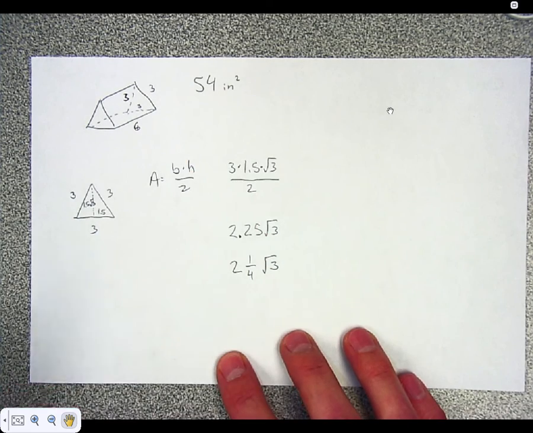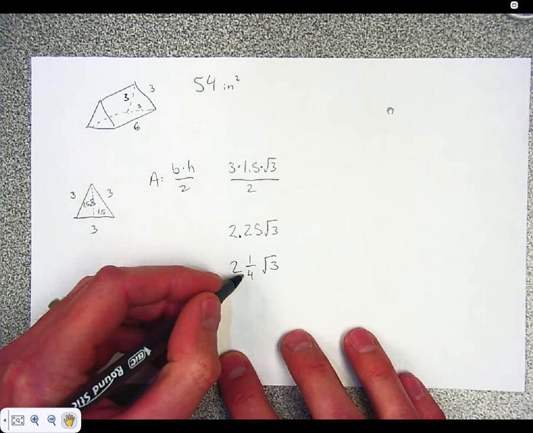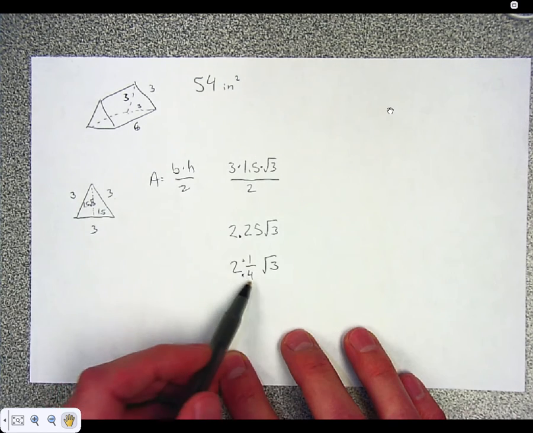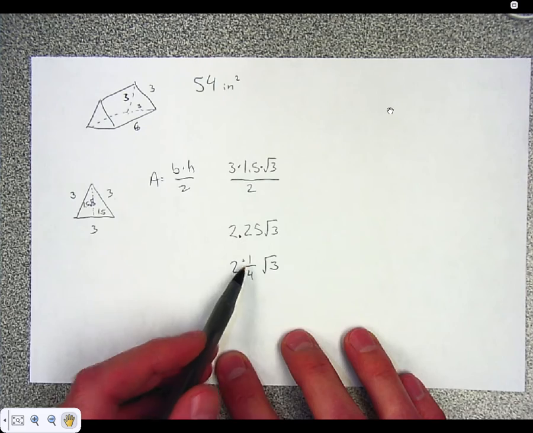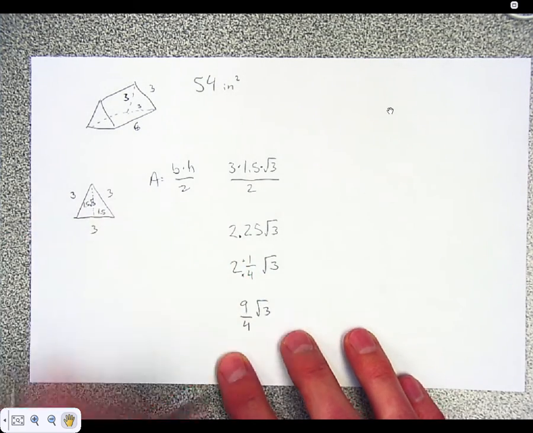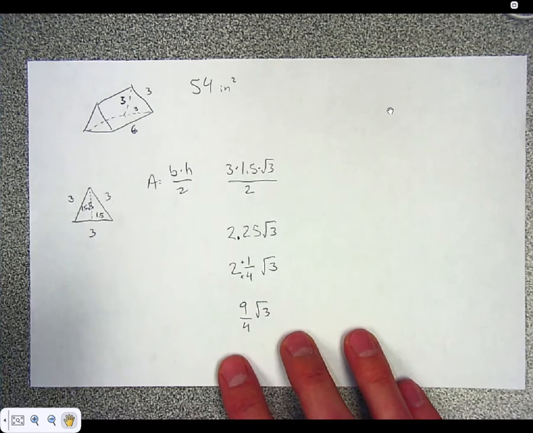And if I want to change this to an improper fraction without getting really deep into how this works, I'm just going to use the shortcut. If I do 4 times 2 plus 1, the denominator times the whole number plus the numerator, I'm going to get 9/4 root 3. And that's the area of the triangle.